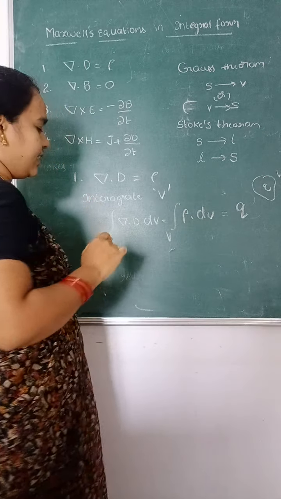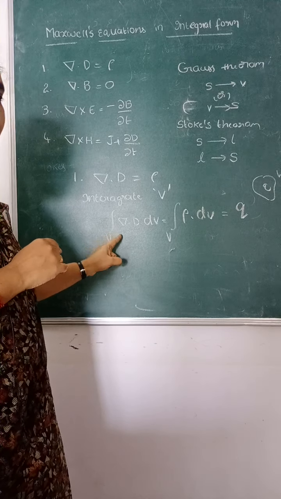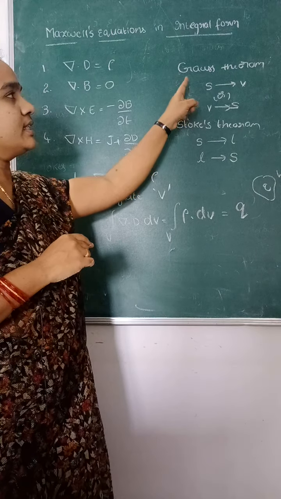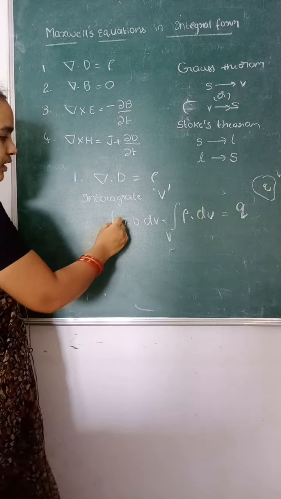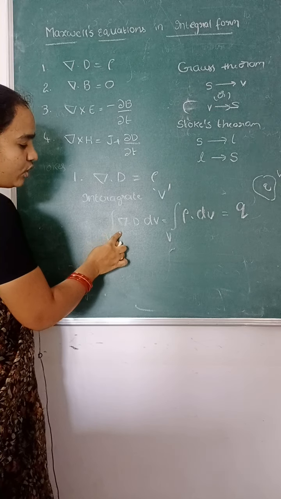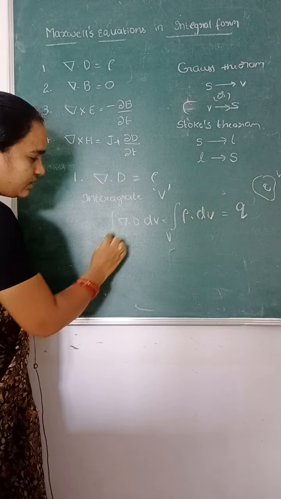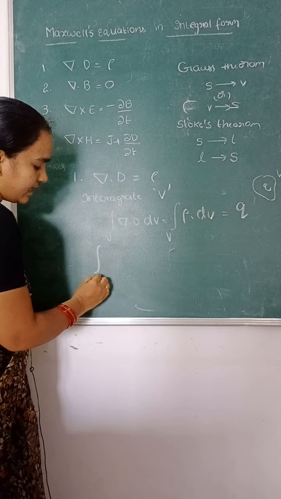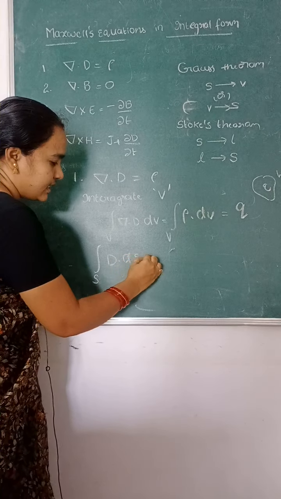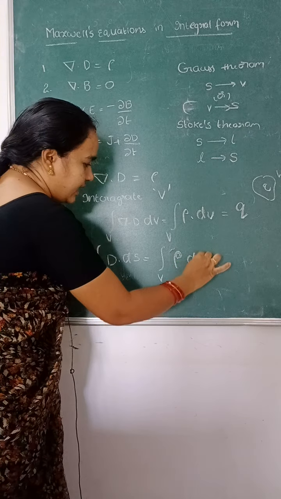On the left hand side, we have the volume integral. So let us convert this volume integral into surface integral using the Gauss theorem. According to Gauss divergence theorem, this volume integral will be converted into surface integral as, so this divergence will go out, that is, surface integral of D dot dS is equal to volume integral of rho dV.